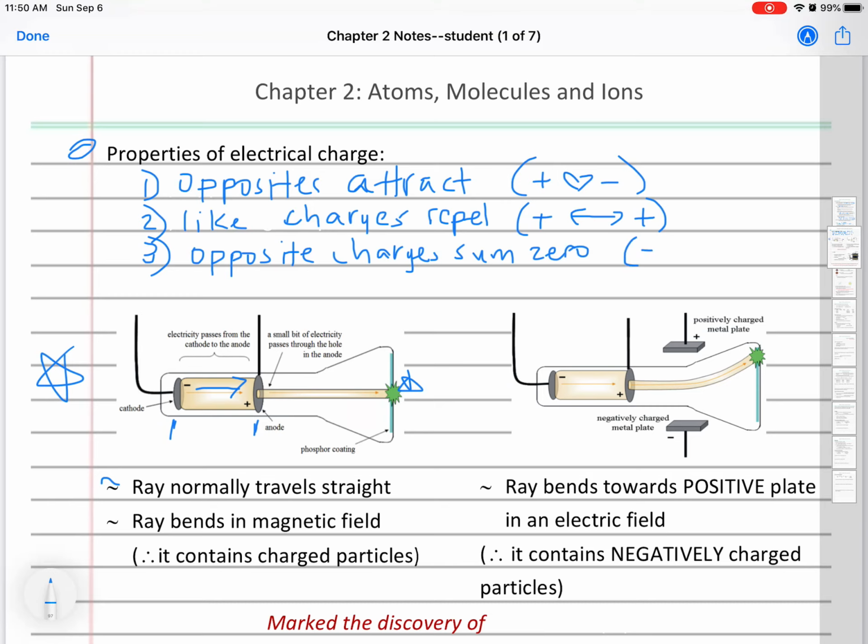Meaning that if you have something that's positively charged and something that's negatively charged, overall those charges add together to equal zero.